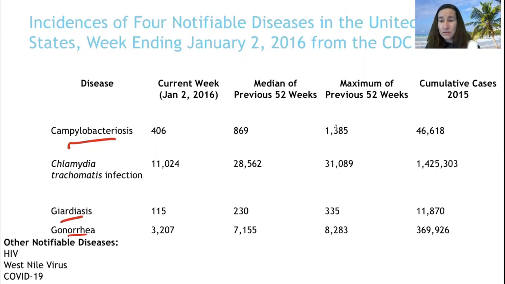Is something going on? Is there an outbreak? So if it's a reportable disease or notifiable disease, HIV, West Nile, COVID, CDC is keeping track of this. So you have to report, the state reports it to CDC. We keep track of all of this and try and make sure that everything's going okay. And if it's not going okay, how can we mitigate what's going on?